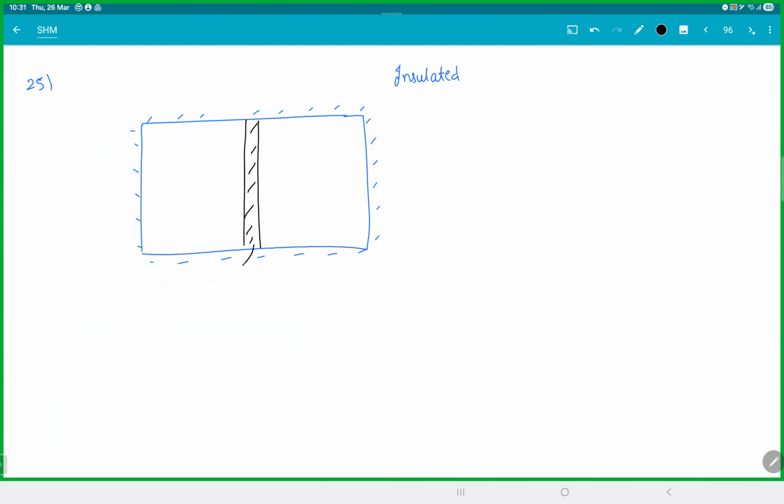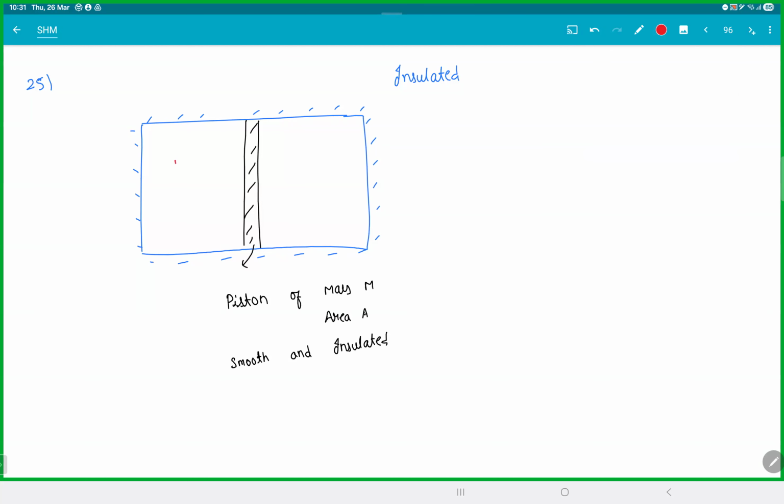We have a piston here of mass m, area A. It is smooth and insulated. So heat does not flow through the piston.